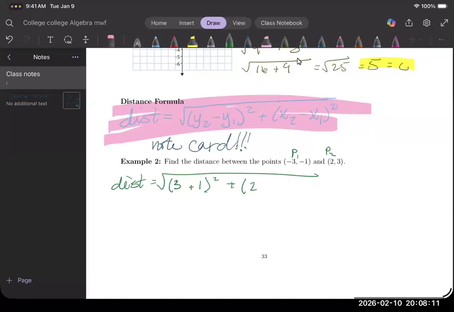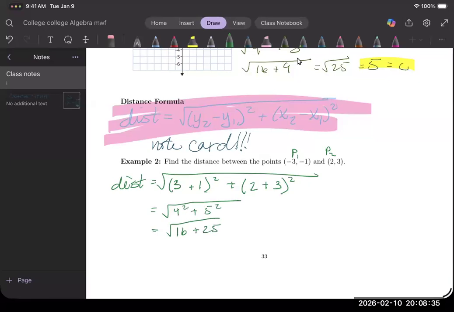Plus x2 minus x1, but that's a negative for another positive. So that's the square root of 3 plus 1, which is 4, so 4 squared, plus 2 plus 3, which is 5, so 5 squared. So it's the square root of 16 plus 25.